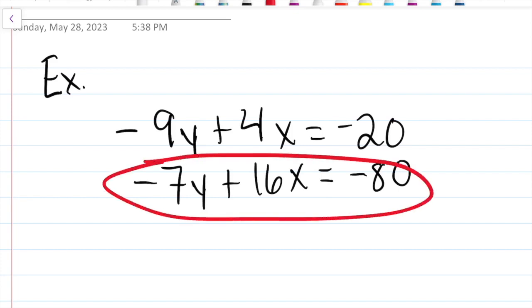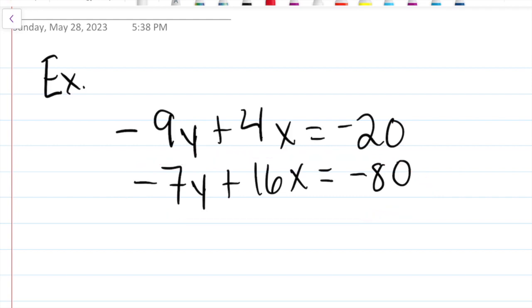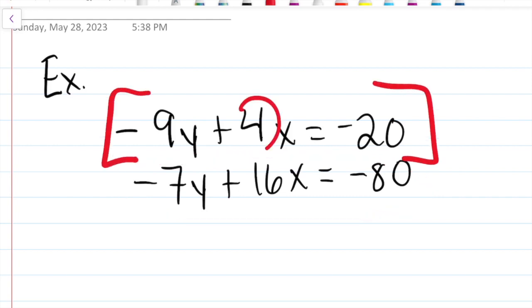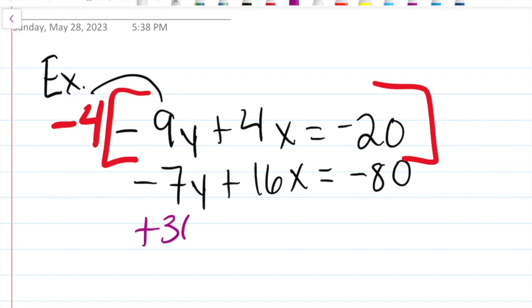You don't have to do anything to this, because that's already a 16. What do I need to do to this equation so that the 4 is the same as the 16, but the opposite? Well, all I'm going to do is multiply it by a -4. Because look what's going to happen. -4 times -9, that's a positive 36y.